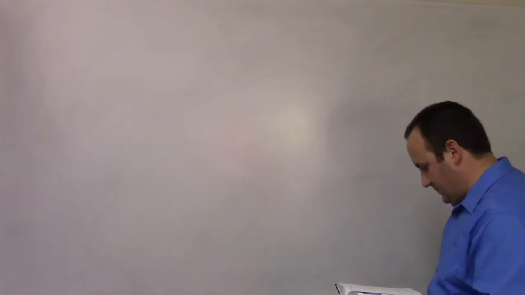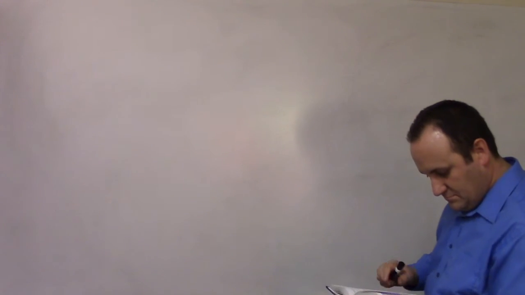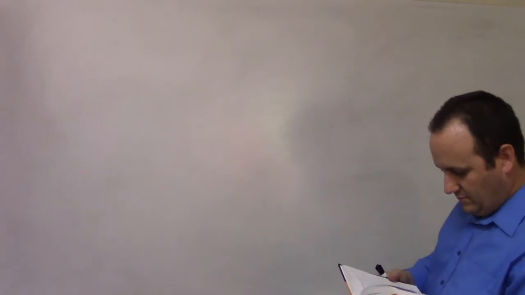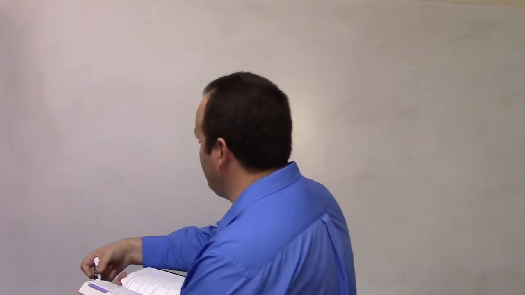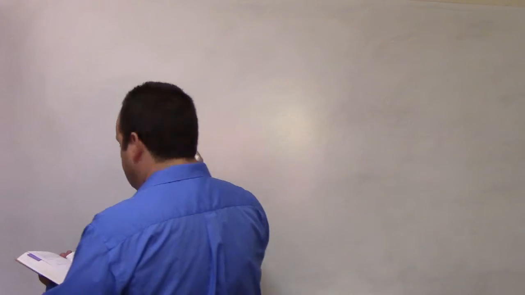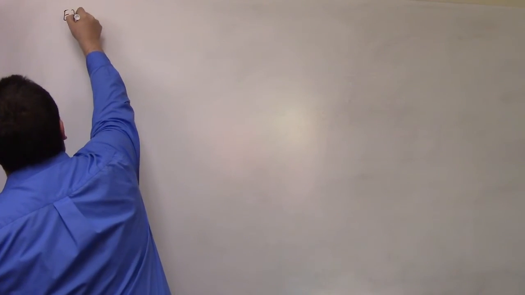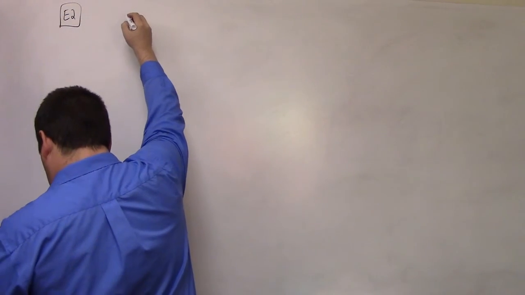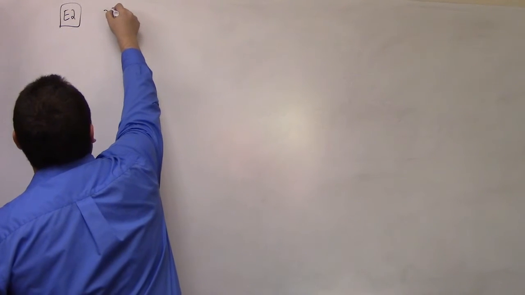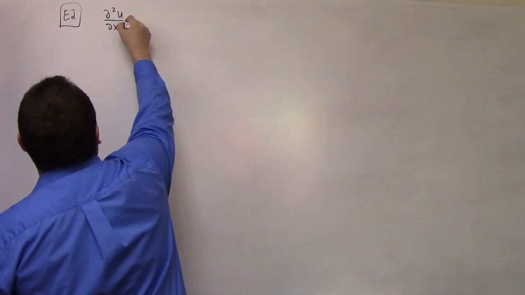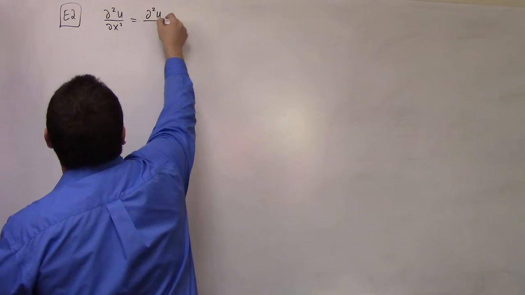All right, let's try another. Example 2. Here we're looking at partial squared u, partial x squared, equal to partial squared u, partial t squared.